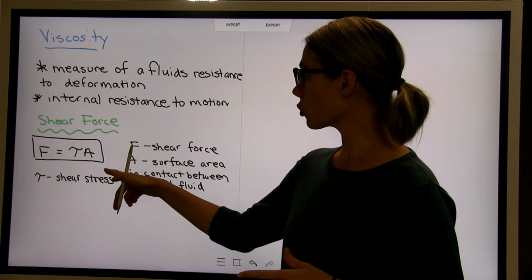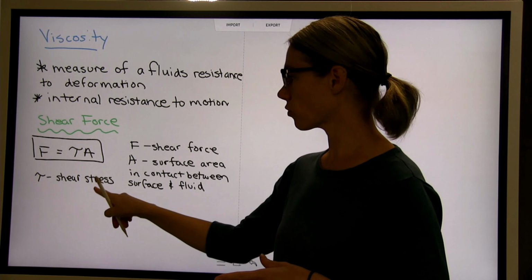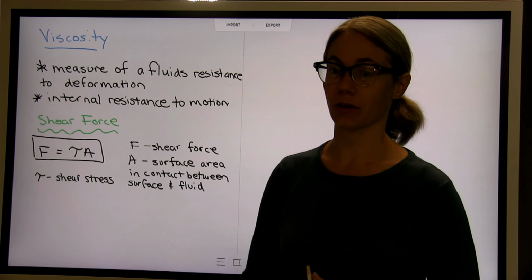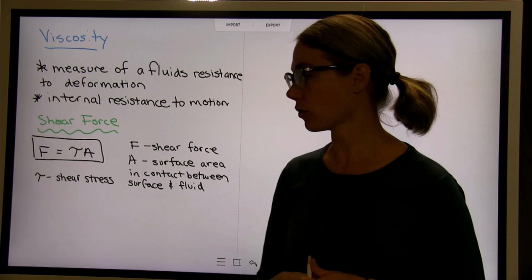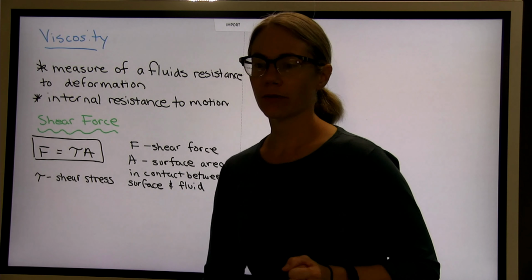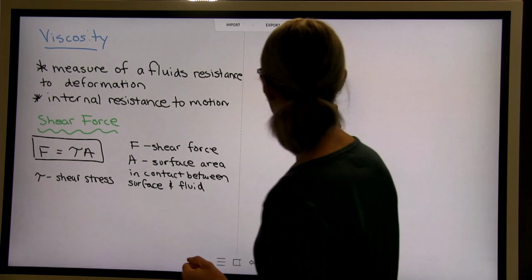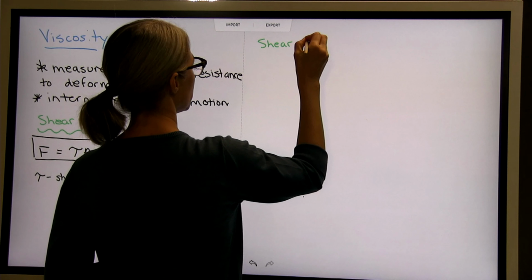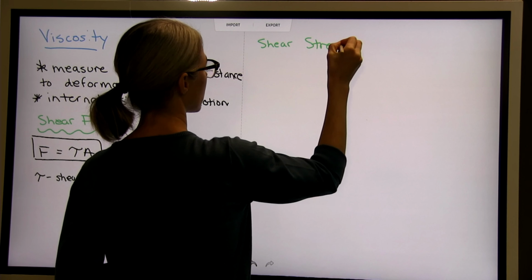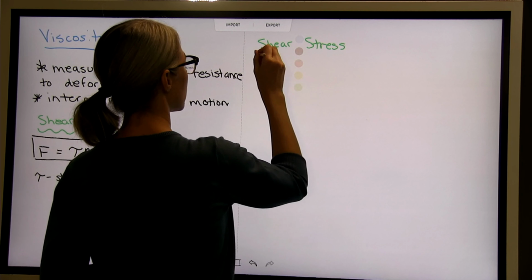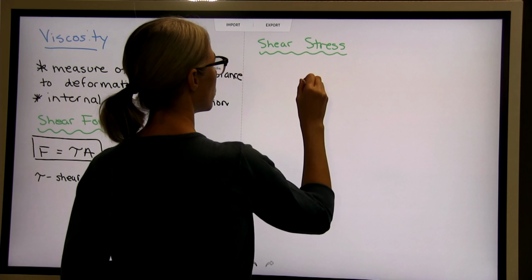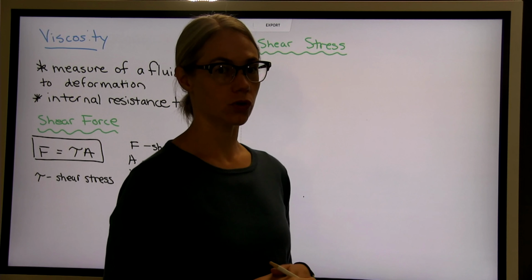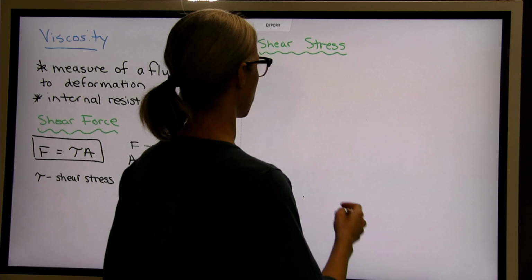So if we take this equation and rearrange it, you'll see our shear stress tau is defined as the shear force divided by the surface area over which our fluid is contacting our surface. Now, how do we define shear stress? Let's think about that for a moment. Shear stress for most fluids can be directly proportional to what we call a deformation gradient.